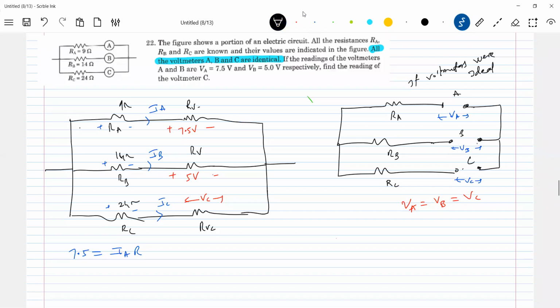Then similarly, the 5 volt across should be equal to IB into RV. Divide these two, so IA by IB should be equal to 3 by 2. This is equation 1, keep it in mind.